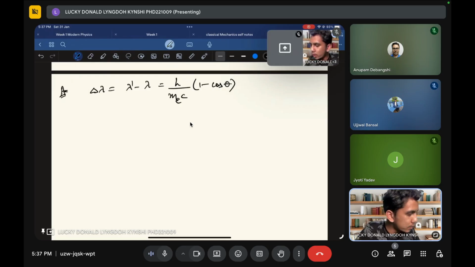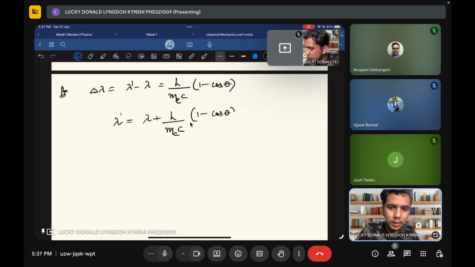Now, because you have to find the scattered photon, lambda prime is equal to lambda, you take this on the right hand side, plus h divided by m_e c (1 minus cos of theta). Okay, so lambda plus h by m_e c, you can write as lambda_c, which is the Compton wavelength, and (1 minus cos theta).